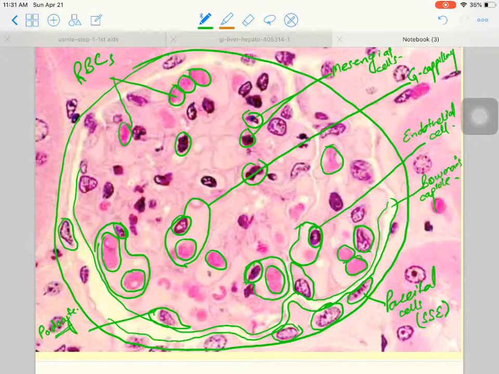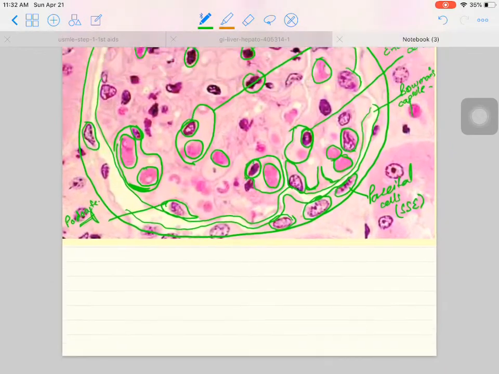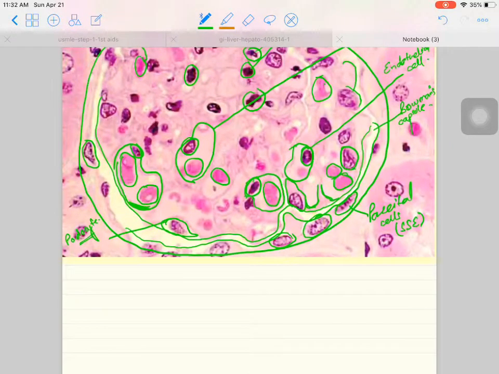And next we can see the membrane. Here is the membrane, and here also the membrane. These membranes act as a barrier for the filtration. If we really want to discuss it, this is the endothelial cell.